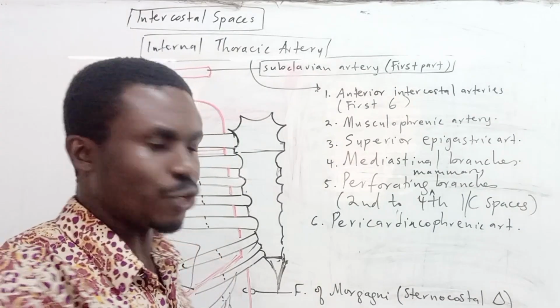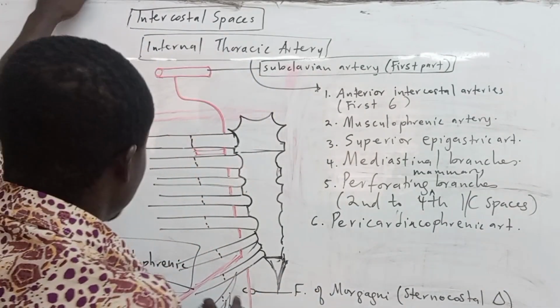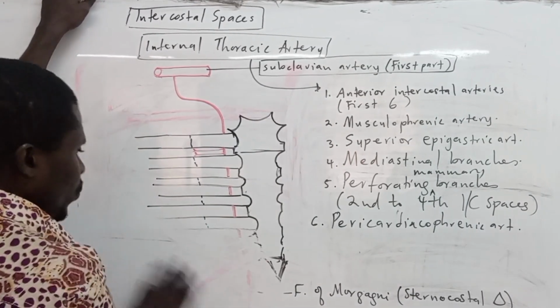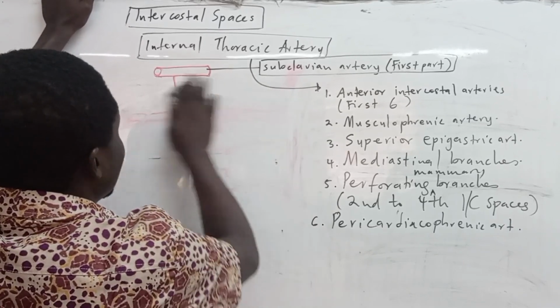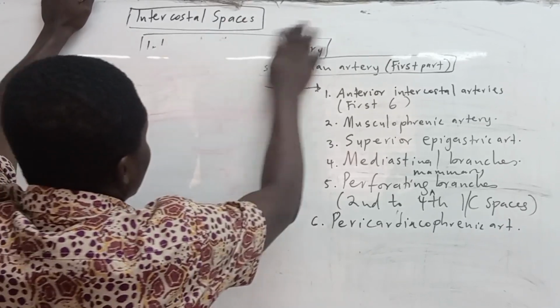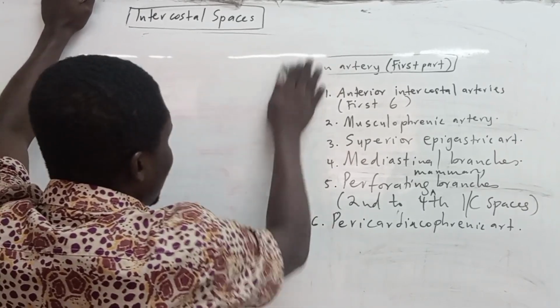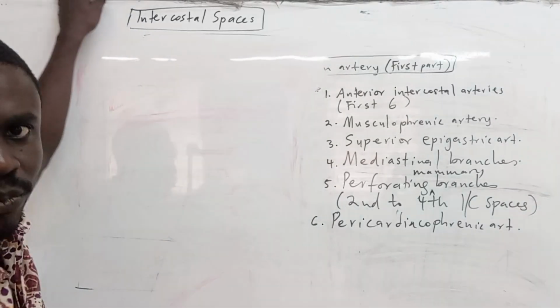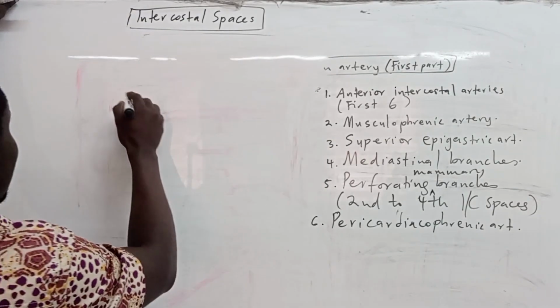Now, I want to show you something briefly about this one. Let me take this and draw something to illustrate it. If you want to appreciate the structures which are supplied by it, we draw the heart again.